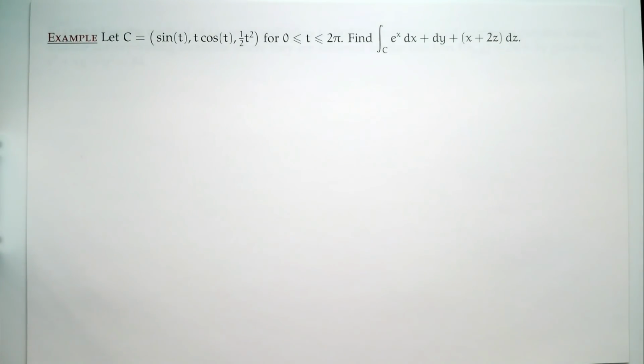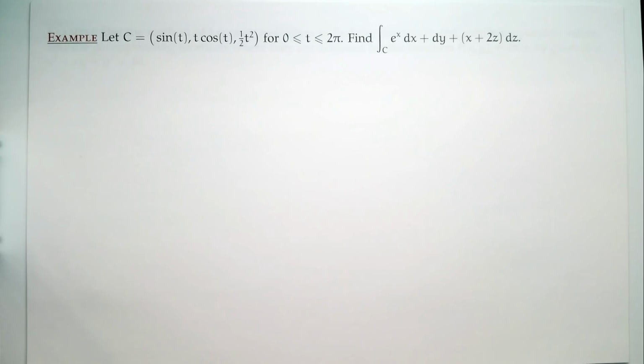Let C equal sine of t, t cosine t, and half t squared, where t runs between 0 and 2 pi. Find the integral along C of e to the x dx plus dy plus x plus 2z dz.